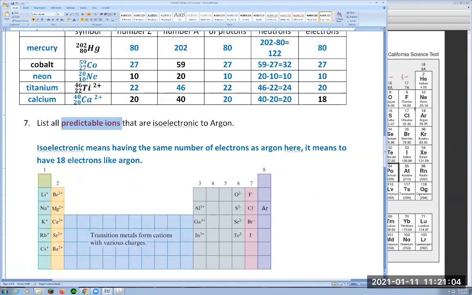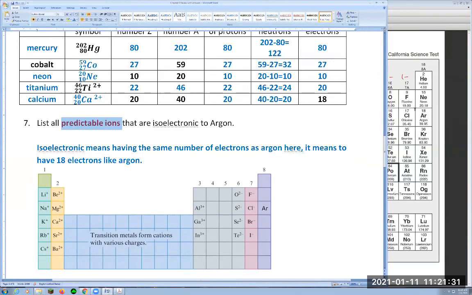Here it shows you how we have these predictable ions. The alkali metals with +1 charge, alkaline earth metals with 2+ charge, metals from 3A with 3+ charge, and then the halogens with -1 charge, and the group 6A with 2 negative charges.